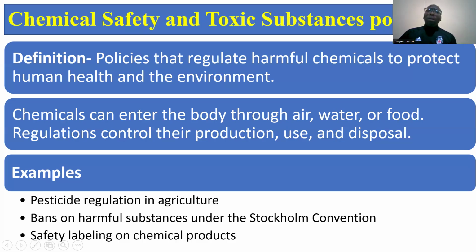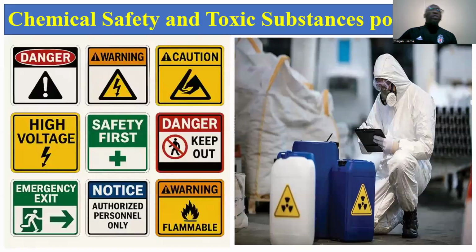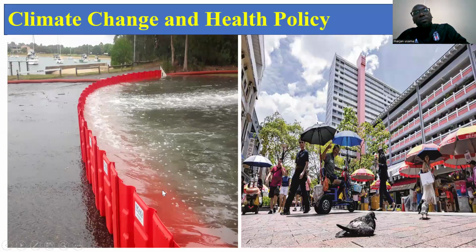In our buildings and working environments, we can have labeling. These labelings help a lot. So you get to know there is danger, that it's a high voltage thing. So these labelings are very, very important.